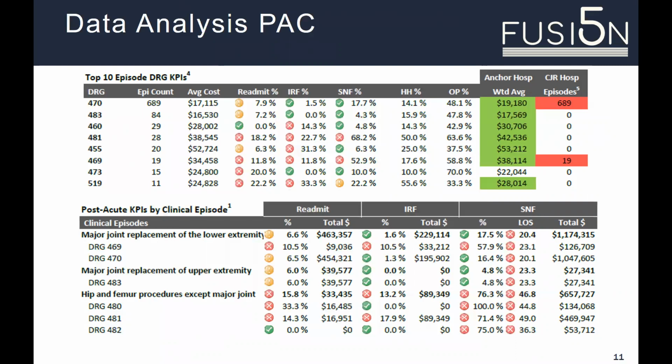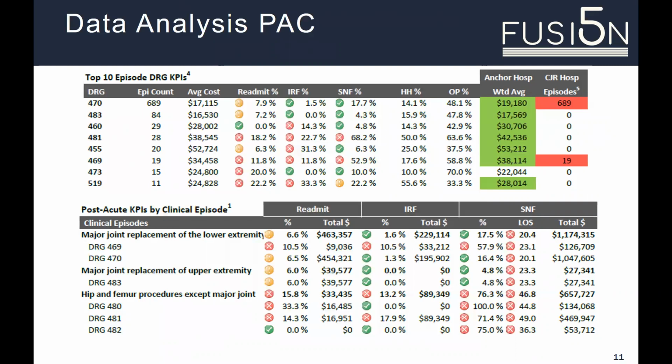Now, that doesn't mean that your preferred providers or your provider partners are going to be required to work within those days, but that's just a baseline to where you expect those preferred providers to work with your case management staff, especially if something's going above that length of stay or that expectation. We want to make sure that there's a clinical reason for why they're going to be there that long.